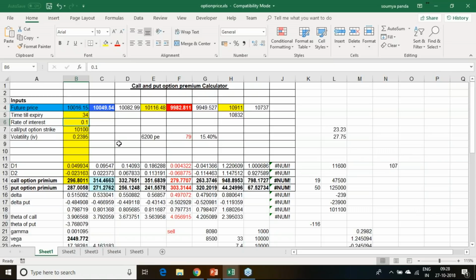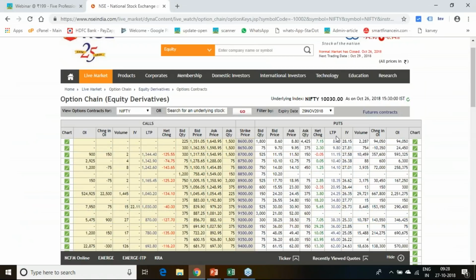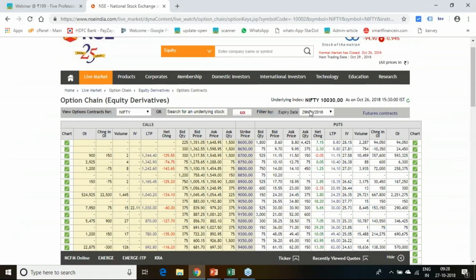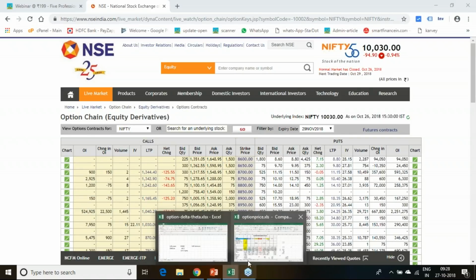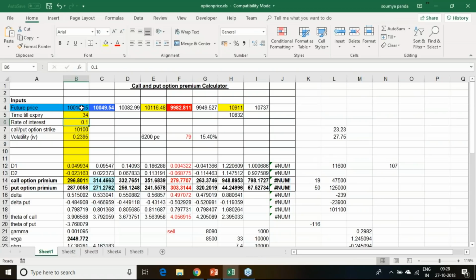Interest rate, NSE is taking 10%. I am also taking 10% here. The last traded price of Nifty was 10,016.15 when this price was made. Now, with this, how much is the call option giving me? 296 rupees.